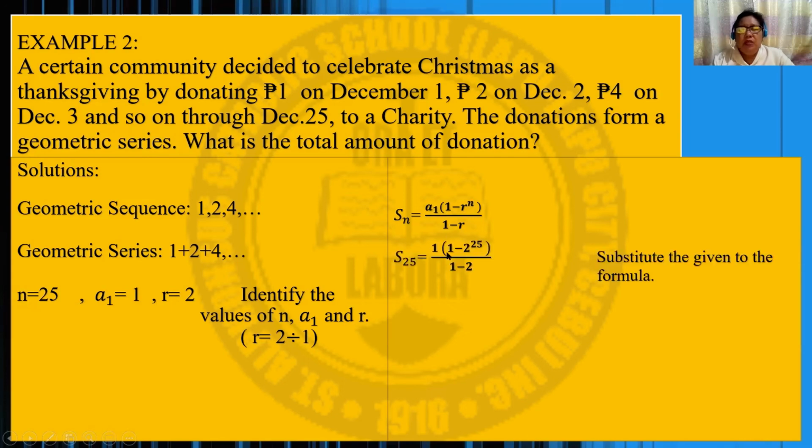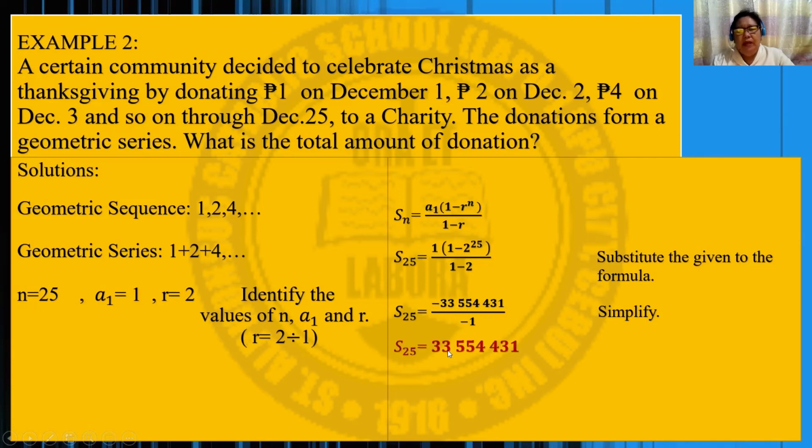So all you have to do is to substitute the given to the formula. A sub 1 is 1, then 1 is constant minus 2, that's the ratio, raised to 25, that's the value of n, over 1 minus r, which is 2. And then it is equivalent to negative 33,554,431 over negative 1.